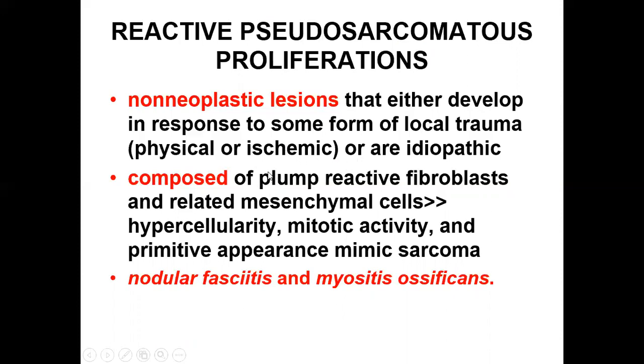And these reactive proliferations of fibrous tissue are composed of reactive fibroblasts and related mesenchymal cells. Due to hypercellularity, mitotic activity and primitive appearance, they may resemble a sarcoma.